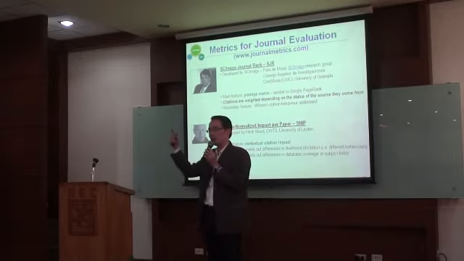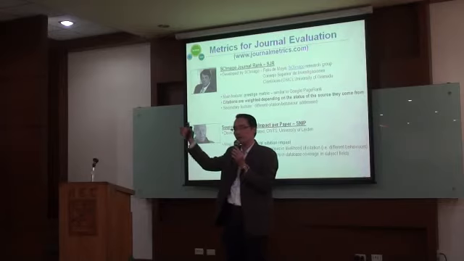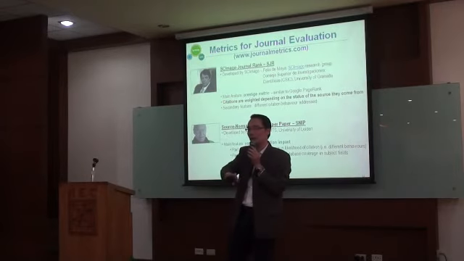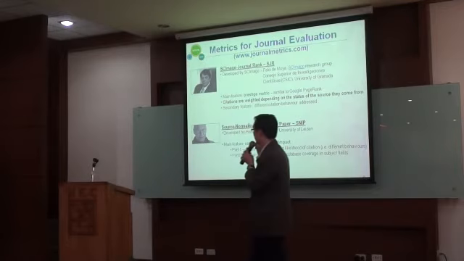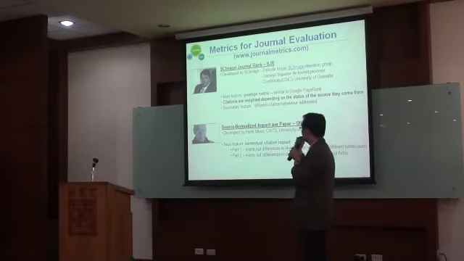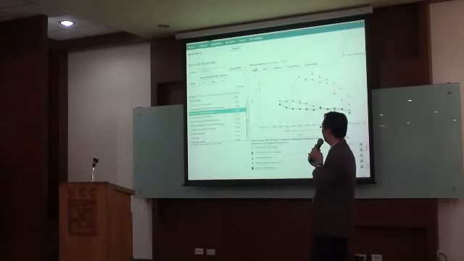Obviously, the citations that you get from Lancet or Nature or Science are going to be worth much more than a university journal, for example. Okay? So what he's trying to do here is to give citations based on the status of the source, okay, depending on the prestige of the source. I will go into that later.